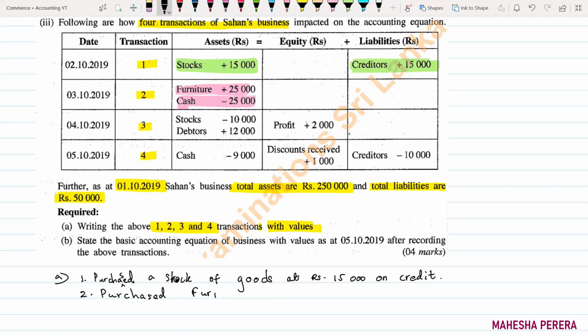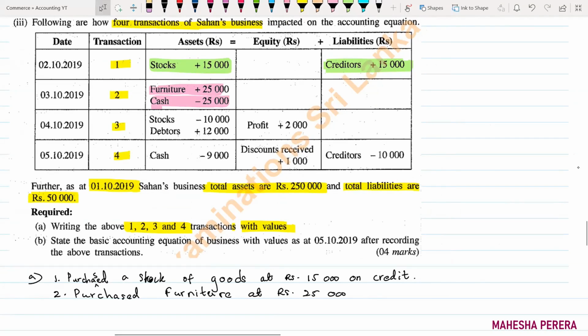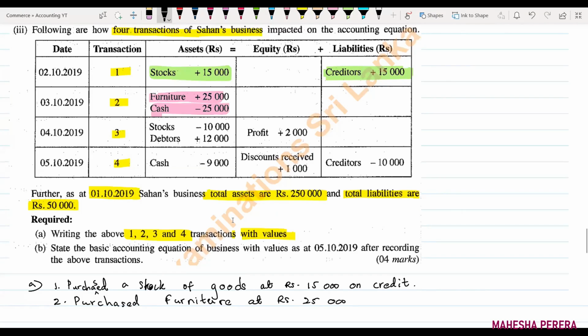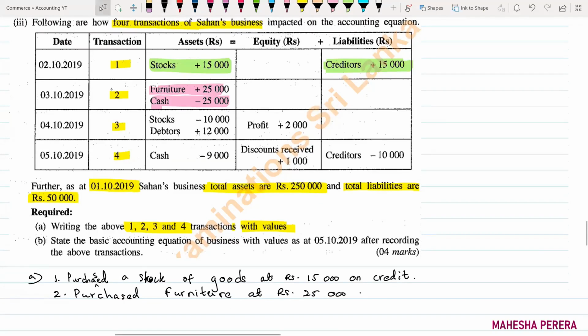It's furniture, at 25,000 rupees. And if you want, you may write on cash basis. Even without the words, it is implied as a cash transaction. But anyhow, let's write it. It's better, no? Right, on cash basis. Here also you can say on credit basis, or on credit is enough, but let's write like this. Right, next one.